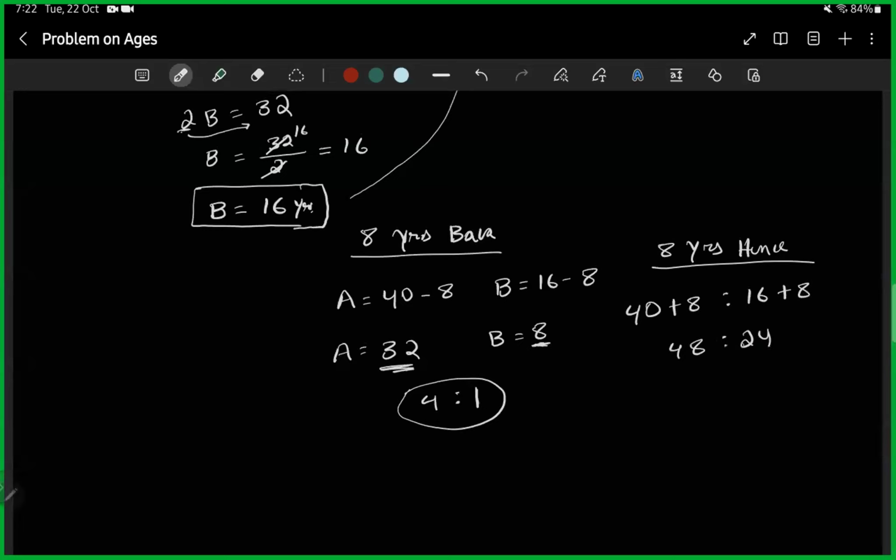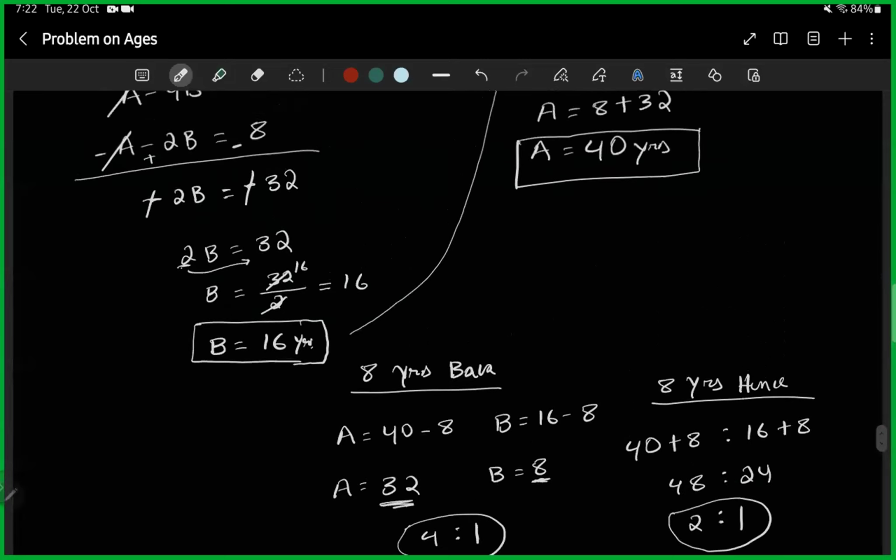So this becomes 24 times 2 is 48. So we get the ratio 2:1. Our answer satisfies all the conditions given in the question, so our answer is correct: the present age of the father is 40, whereas the present age of the son is 16 years.